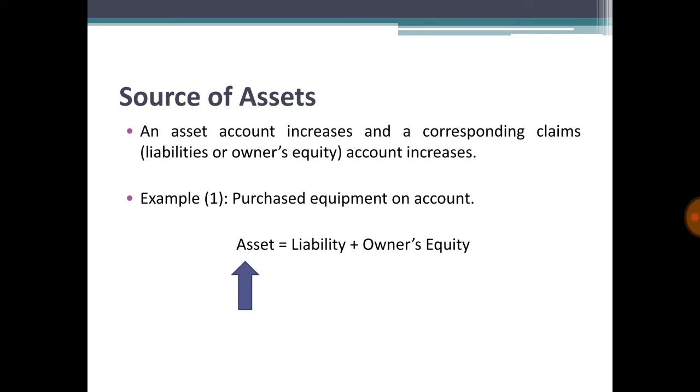And then, as mentioned a while ago, this was purchased on account and there is a liability involved, so there will be a payable, which is again a liability account. So both the asset and liability increased given our example. Now let us take a look at how we are going to journalize this entry in our books of accounts.